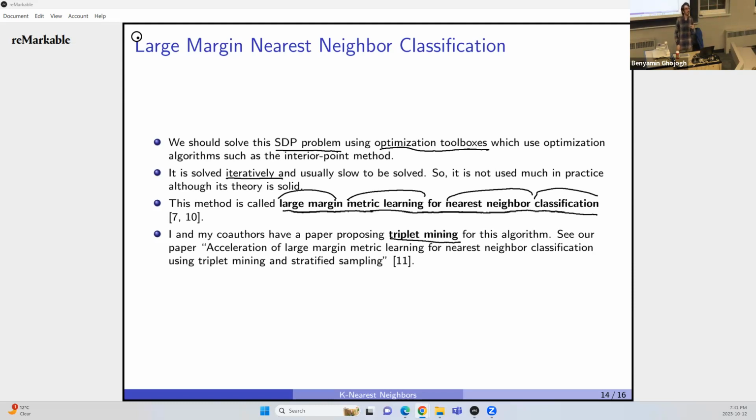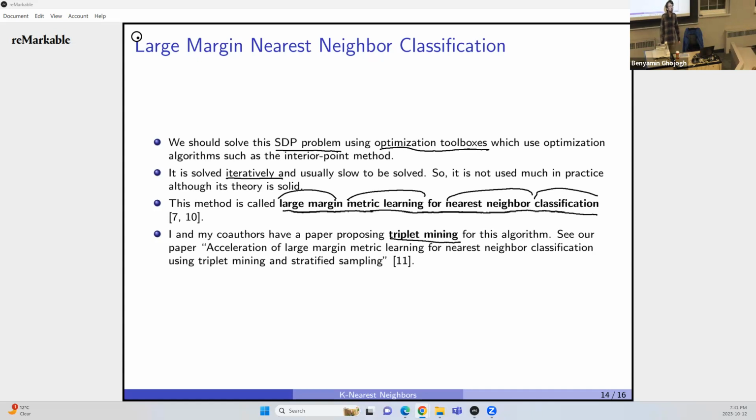For example, we can take the farthest positive and nearest negative. Or we can go the other way around and take the easy case: nearest positive, farthest negative. So we can have different cases. That's called triplet mining, and it has been used in deep learning for triplet loss.